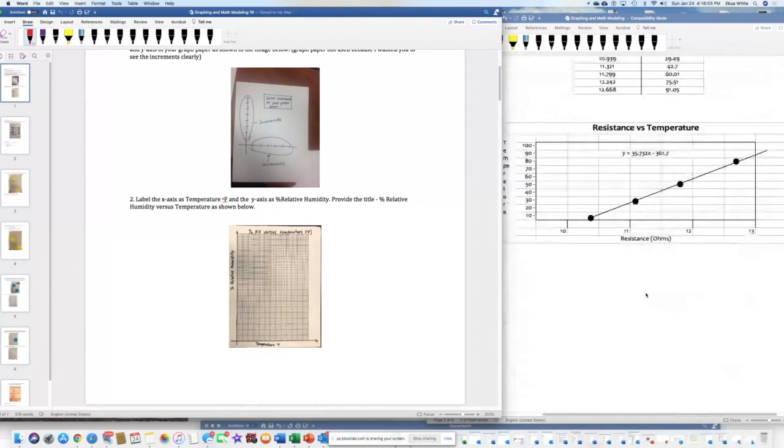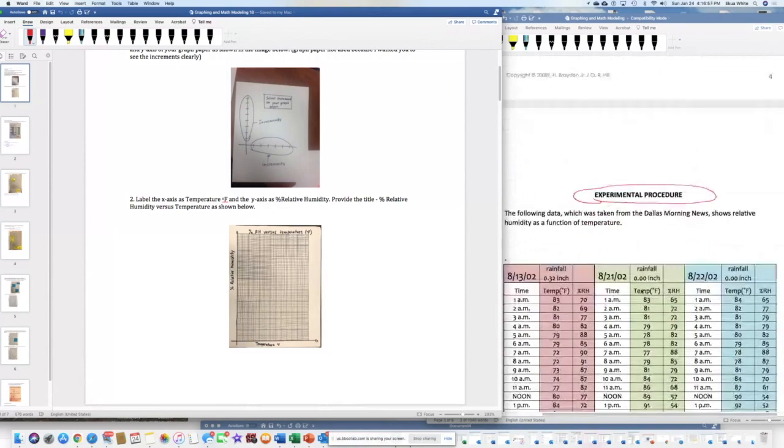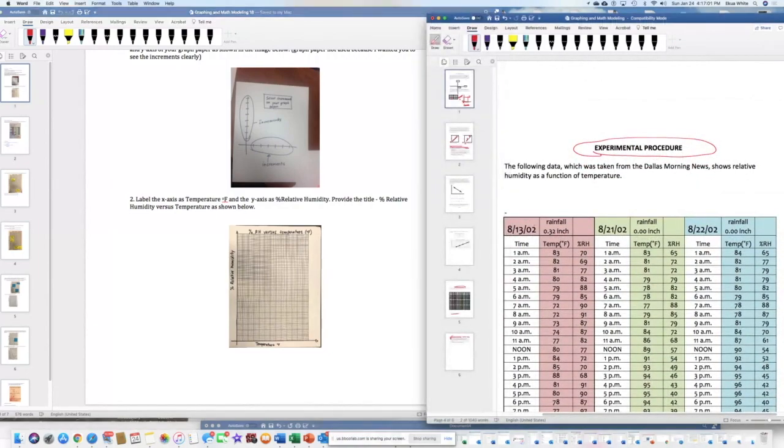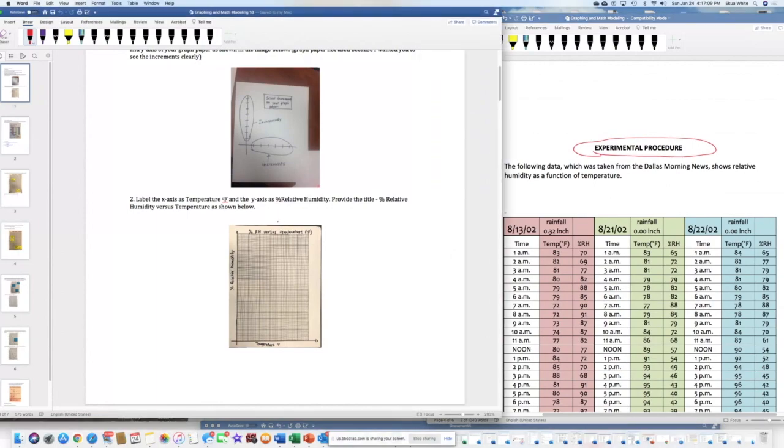Now, to make it even easier, I would suggest for you and for me, since in the end you have 3 different dates, I didn't think of that when I was writing this. I'm sorry I'm going back and forth, but it's necessary. You want to include on here the date, 8/13/02.